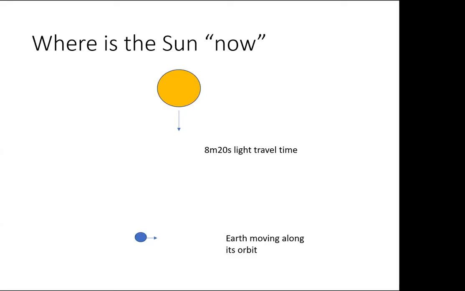So what happens is that our beam of light leaves the sun here and sets off towards the Earth. But of course the Earth is moving, so a little bit later we have this situation. And excuse my very rough diagram, you can see the Earth is attempting to move in an orbit rather than a straight line, so the direction of movement is changing as it moves around the sun, and the beam of light comes along and hits the Earth. Good, well that's obvious, isn't it? And it's taken 8 minutes and 20 seconds to do so.